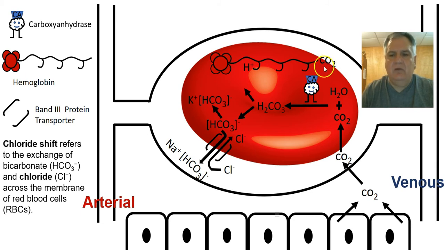And it attaches to the tail end of the hemoglobin molecule to form carbamino hemoglobin. So that's our fourth method of transport. A small amount of carbon dioxide can be transported on the hemoglobin molecule as well. Okay, so these are the ways that carbon dioxide is transported via the blood.